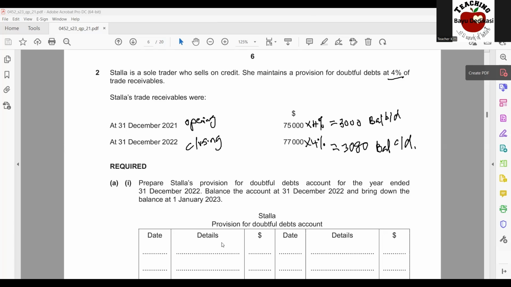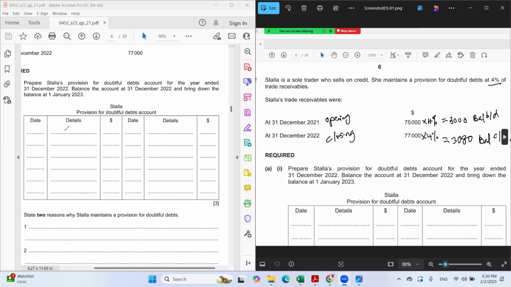They ask to prepare the provision for doubtful debt for the year ended 31st December 2022, balance the account and bring down to the next year. Let's see the information.